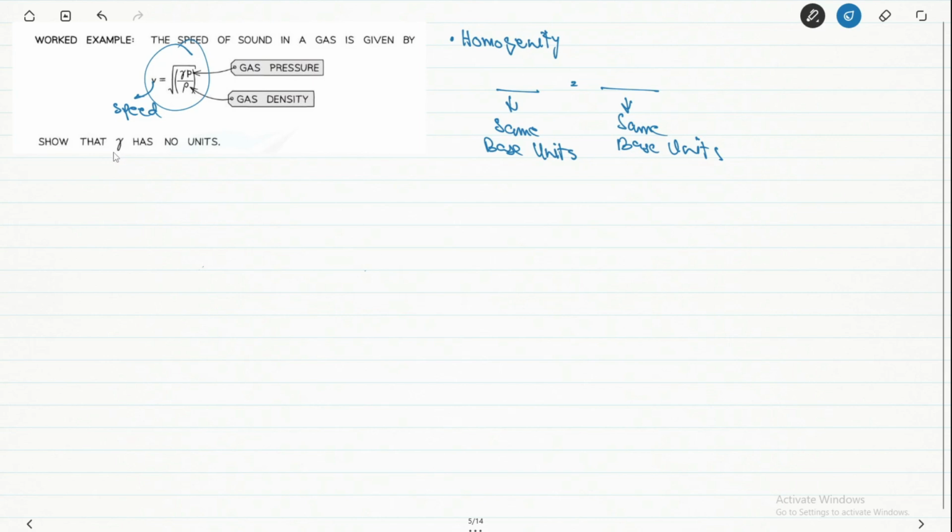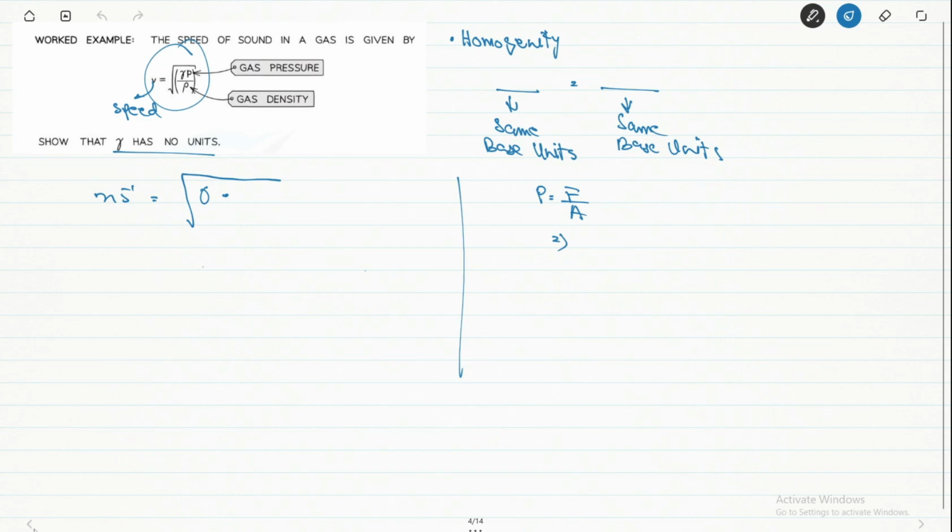Now we have to show that gamma has no units. What we do is convert everything into its standard units. First, v is equal to under root gamma, because we don't know what the units of gamma are, so we just write it as gamma. Now pressure. First we need to clarify this. Pressure is force over area.